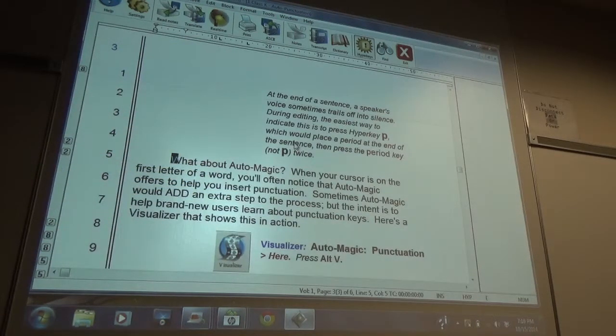In AutoMagic, one of the selections is going to be insert punctuation. It's not going to be a comma usually. It's going to ask, do you want to put in some kind of punctuation there? Yes, I do. And it was choice number 1. So you push number 1, then it opens a box of period, comma, colon, semicolon, and so on, and then you pick the one that you want.